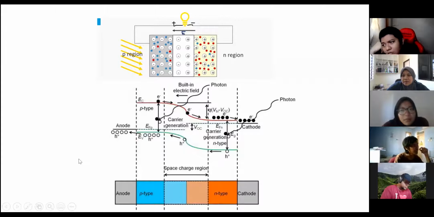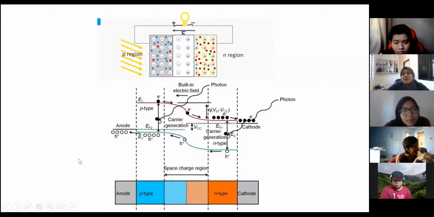Before the photon hits the solar cell, is there any current flow? Is the diode in reverse or forward bias?